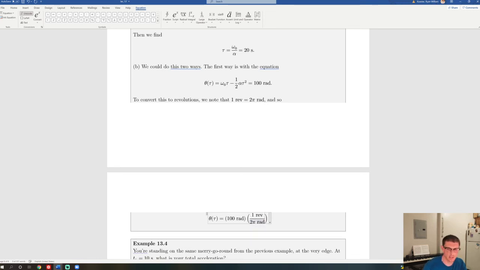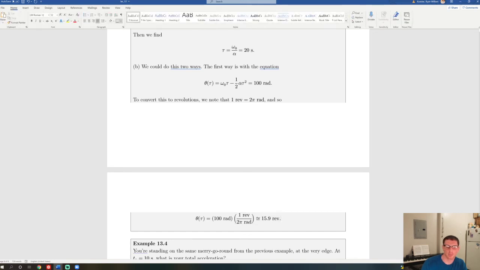And we find that the radians cancel out, which is good. That's part of the reason we do it this way, so we can clearly see that cancellation. And this should work out numerically to be about 15.9 revolutions. So that's cool. The thing spun around about 16 times in 20 seconds.